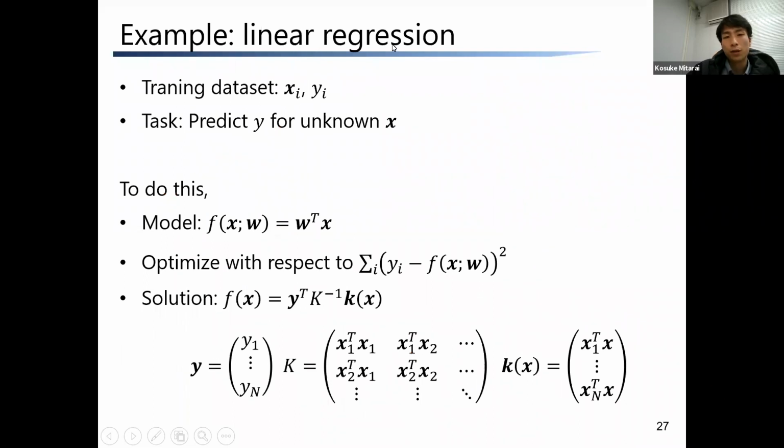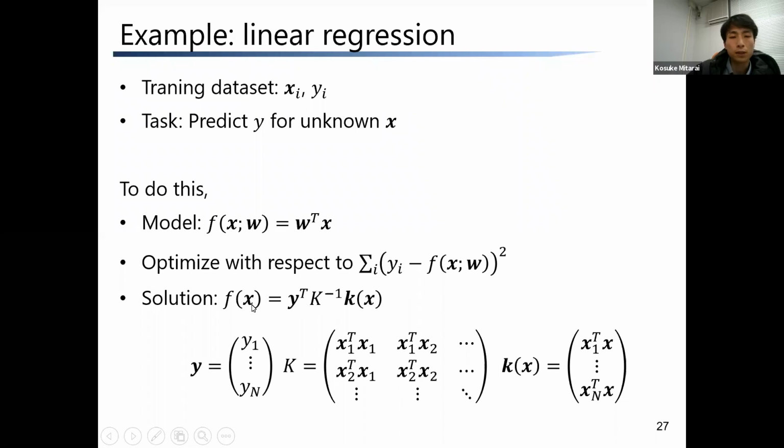So for example, in linear regression, you have the training data sets xi and yi, and the task is to predict y for unknown x. To do this, in linear regression, you model this input and output relation by this linear function f, and we optimize this f with respect to this cost function.